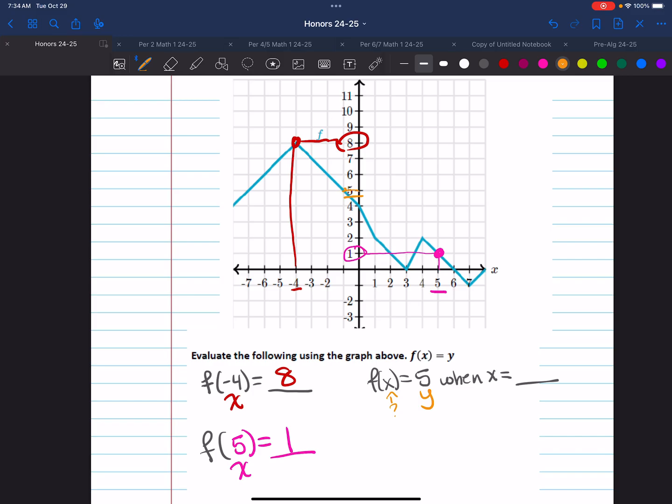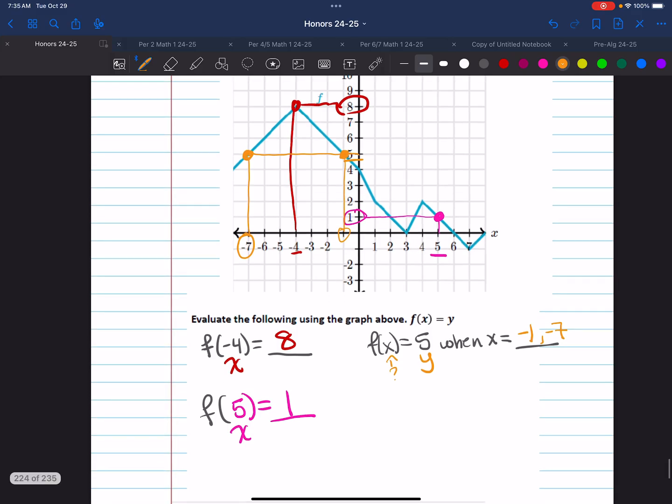When I go to the function, it hits here at -1. However, it also hits here at -7. Sometimes you might have more than one x value that works for a y value, so you need to make sure you look all the way across.